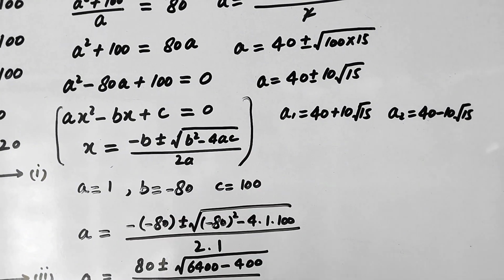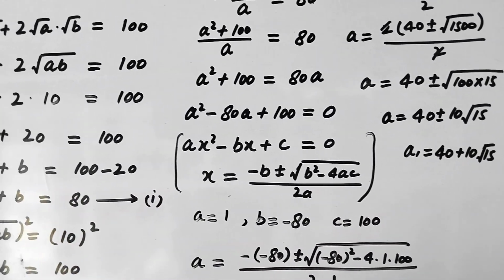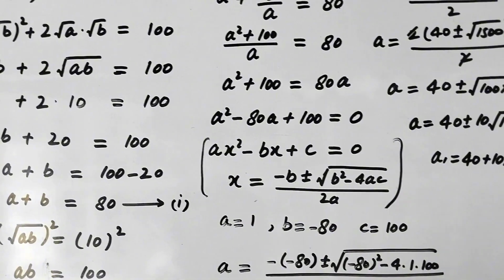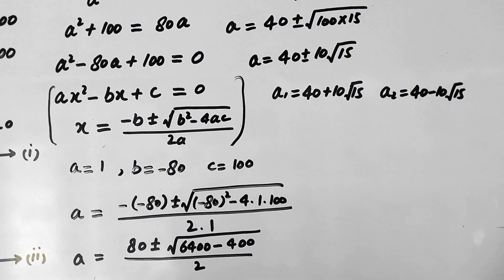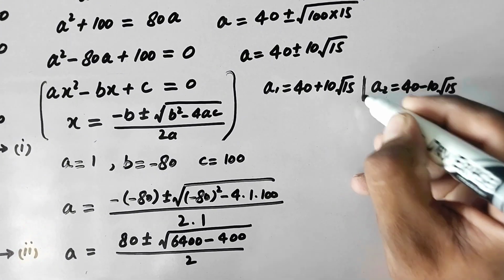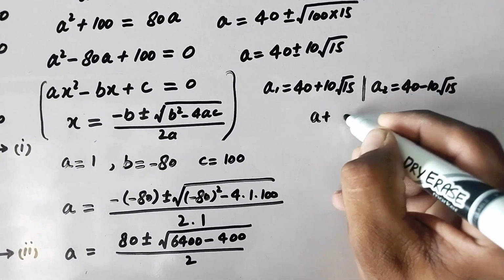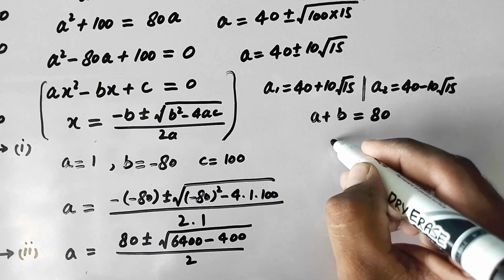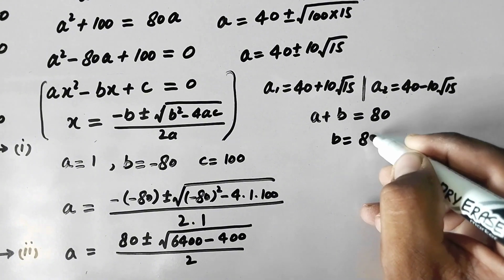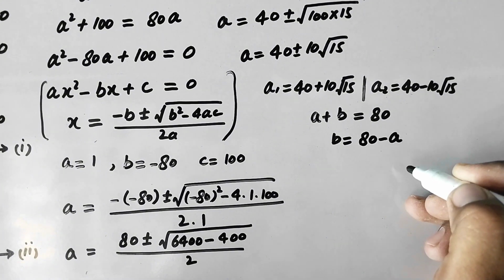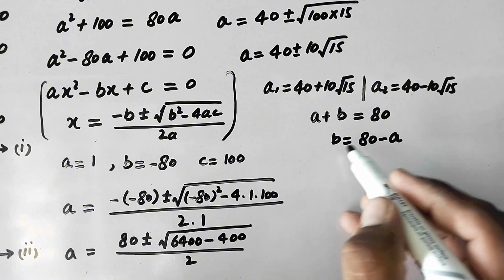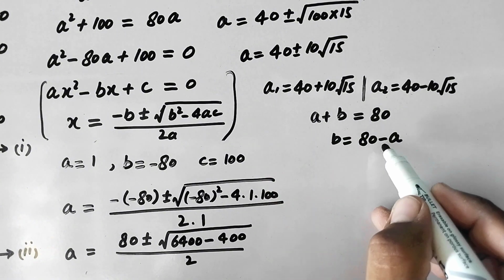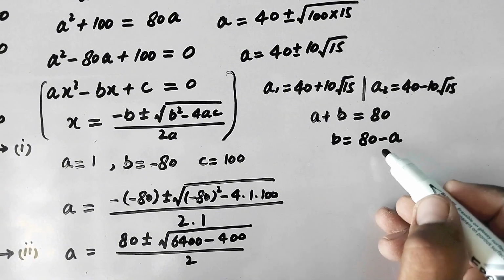And here again we will take this equation number 1, that is a plus b equal to 80. So here we will write a plus b is equal to 80, then here b is equal to 80 minus a. So we can find out the values of b, that also will be two values. So here we will put a1 and a2 in this equation.